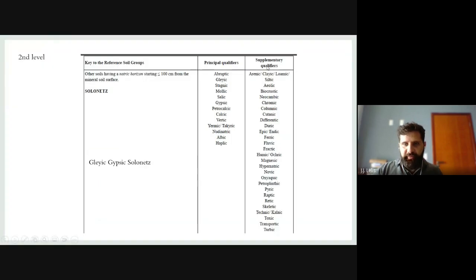And the supplementary qualifiers are after the name of the reference soil group, and they should be inserted with commas, inside brackets. So let's see, does this clayic gypsic solonetz present a clay texture, and present an ochric horizon, and present a raptic property?